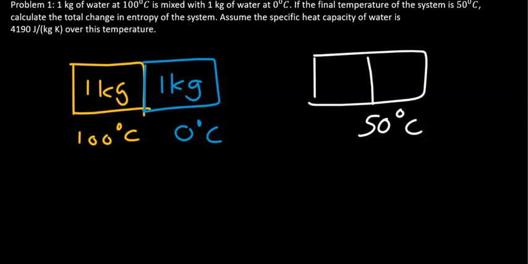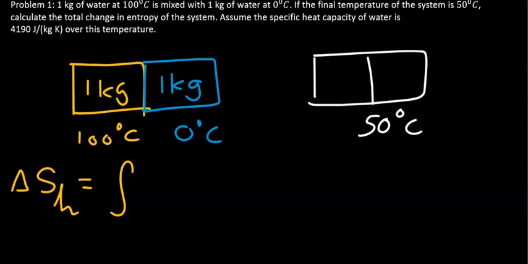So let's first calculate the change in entropy for the hot water as it cools down to 50 degrees Celsius. Let's denote that as delta S_H, and that is given by dq over T, and it cools down.